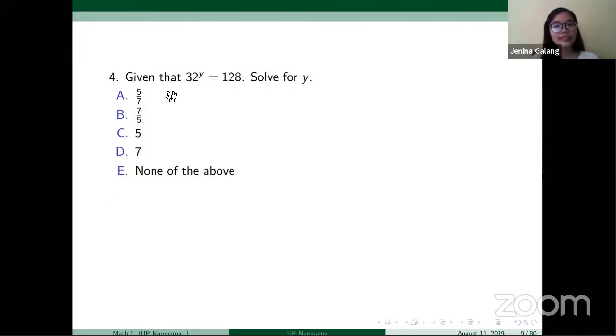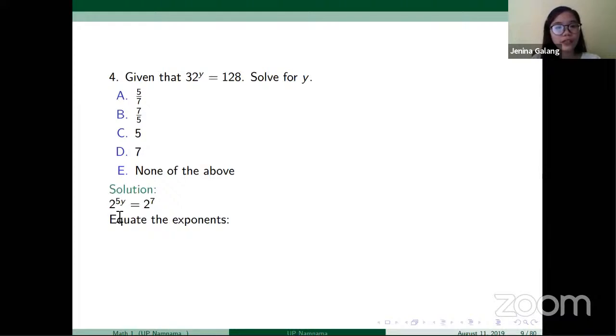So, given that 32^y equals 128, solve for y. So, to solve this kind of problems, ang gagawin natin is to change the base. Dapat same yung base natin sa both sides. So, 32^y can be written as 2 raised to 5y.